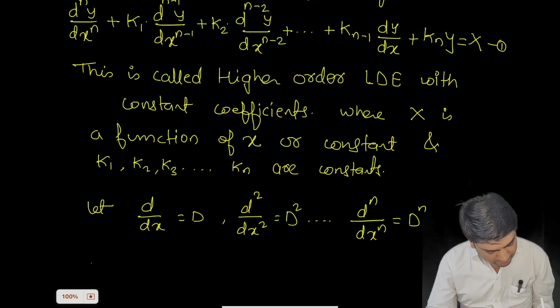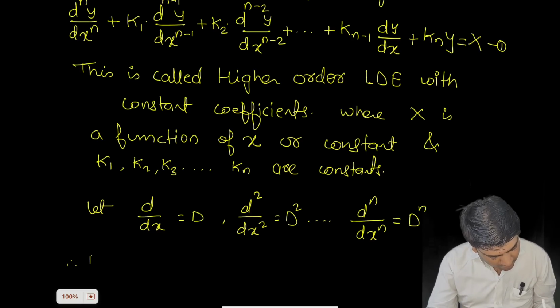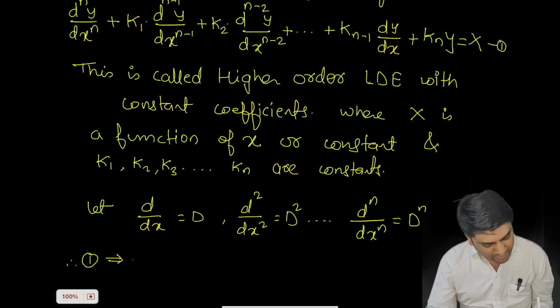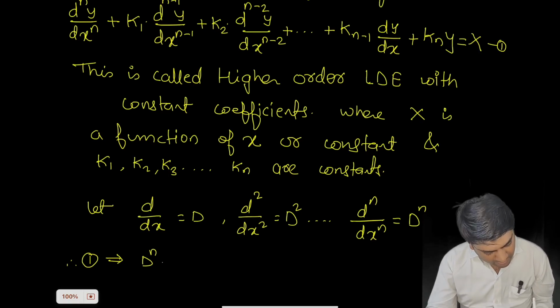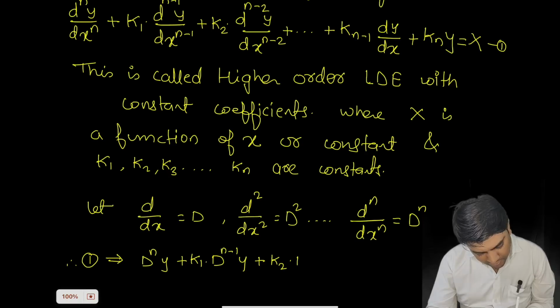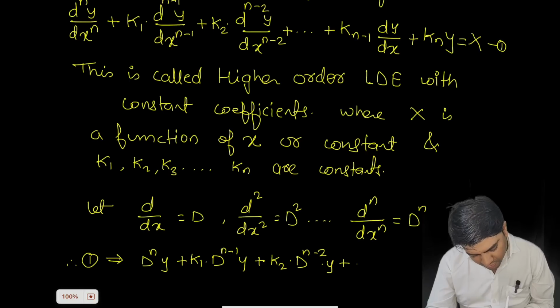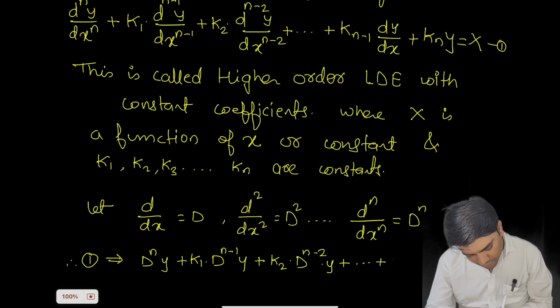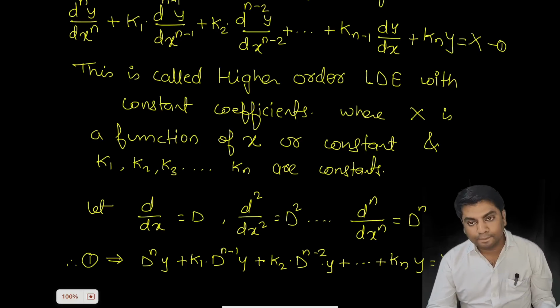So we get D raised to n y plus k1 into D raised to n minus 1 y plus k2 into D raised to n minus 2 y and so on up to kn into y, which is equal to X.